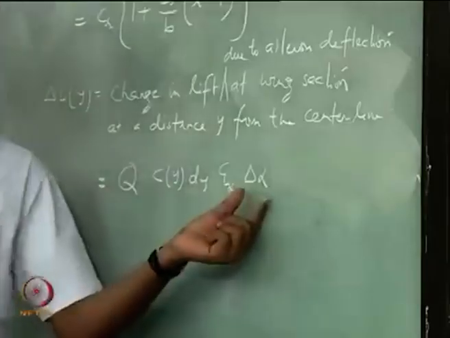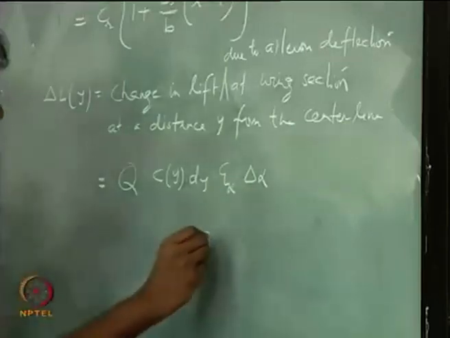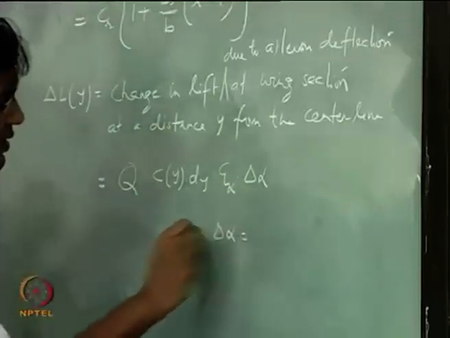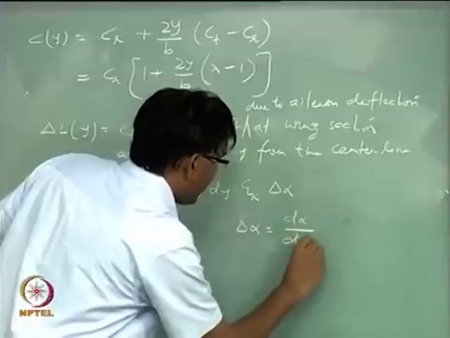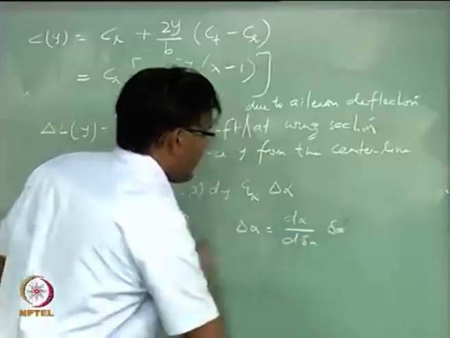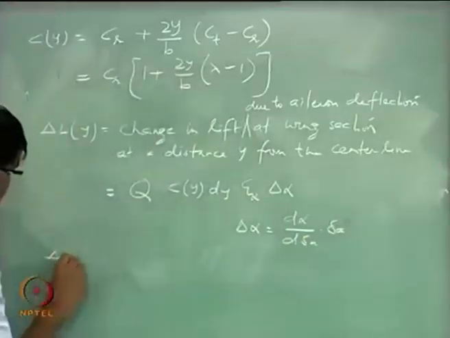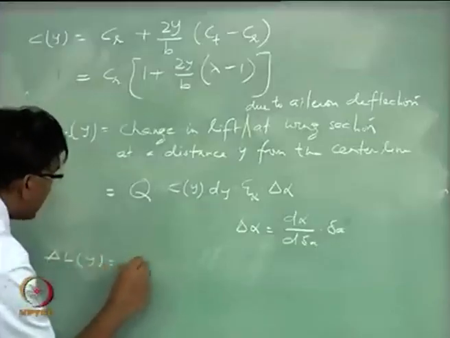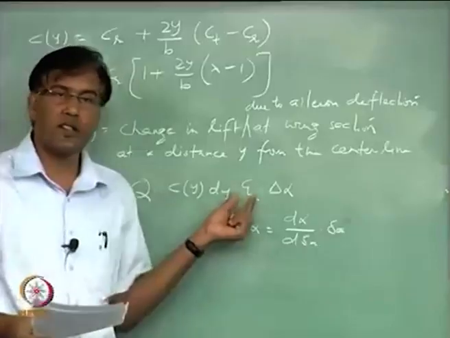And this delta alpha is because of the aileron deflection. So, you can write this delta alpha as, and this Cl alpha is Cl alpha of the wing.